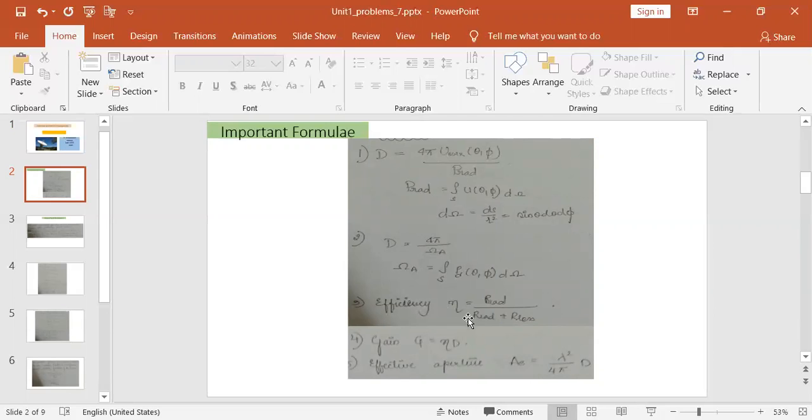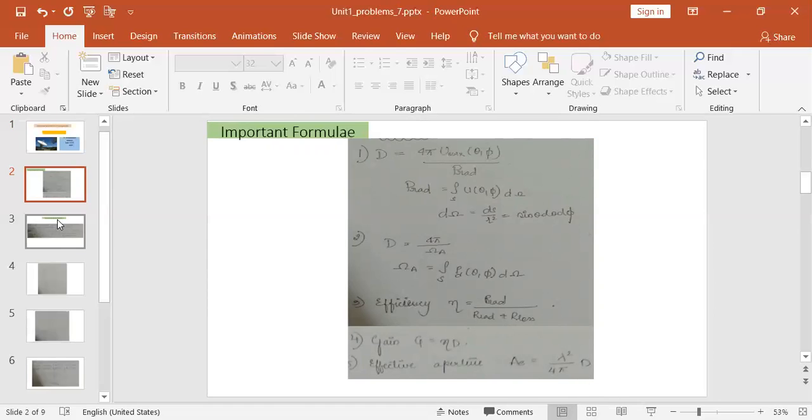Then efficiency eta is equal to radiation resistance by radiation resistance plus loss resistance, and there is a relation between gain and efficiency. G is equal to efficiency into directivity. Then effective aperture AE. AE is equal to lambda square by 4 pi into D.